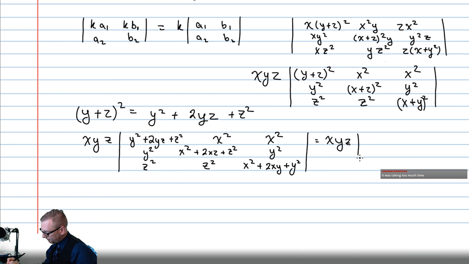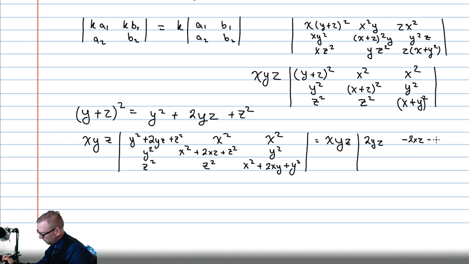X, Y, Z. If I subtract y squared and z squared from row 1, we get 2yz, right? And then from the first one, plus x squared minus x squared, that's gone. Minus 2xz. And then we've got a minus z squared, and then yeah, that's okay. And then a minus 2z squared, I'd assume, right?